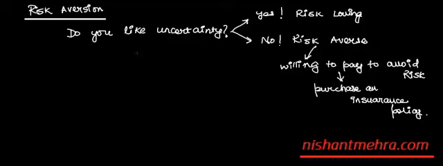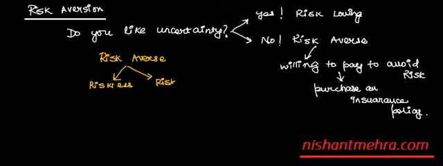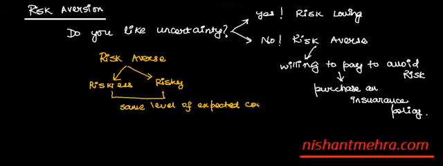Well, whom do you call a risk-averse individual? A risk-averse agent or risk-averse individual: if there are two bundles, one is a riskless bundle, another is a risky bundle, and both of these bundles have the same level of expected consumption, then in that case, this person still prefers the riskless bundle.